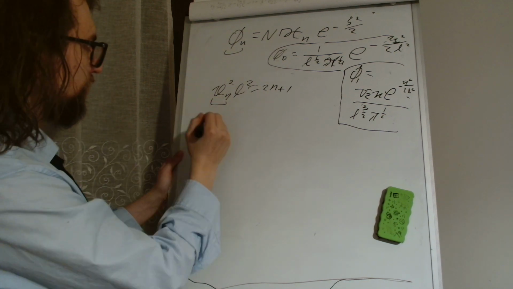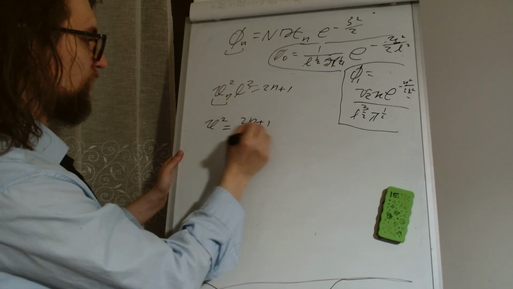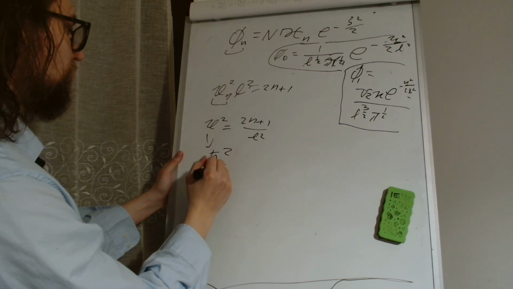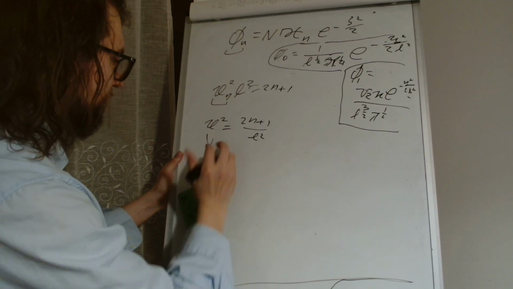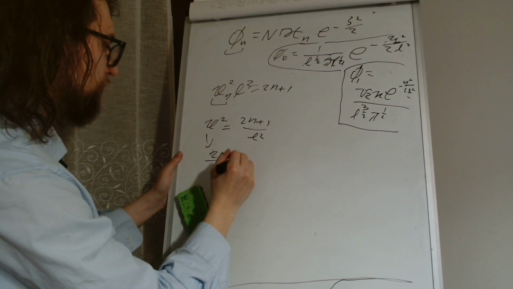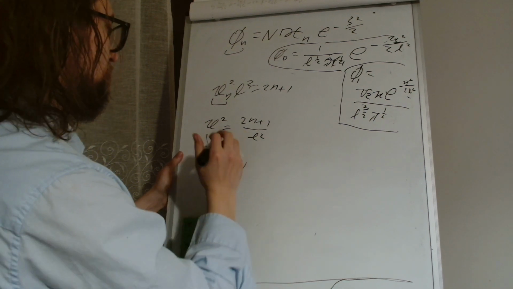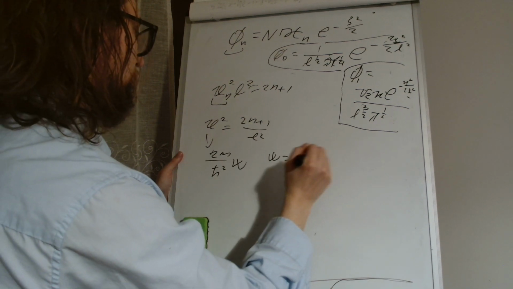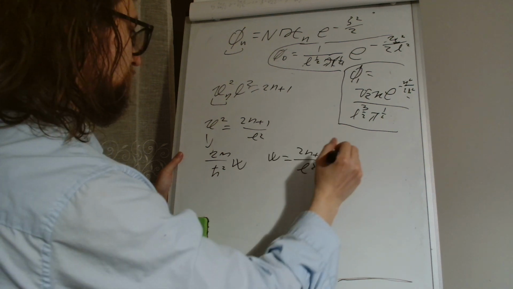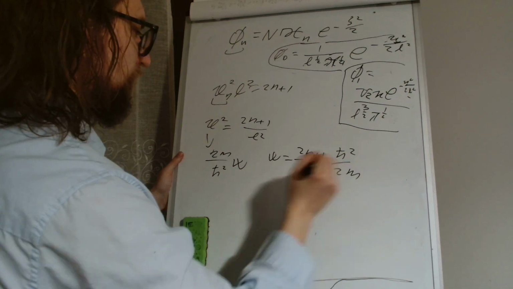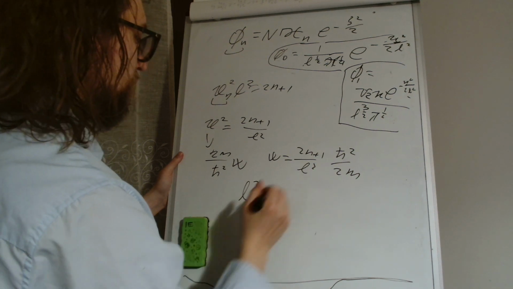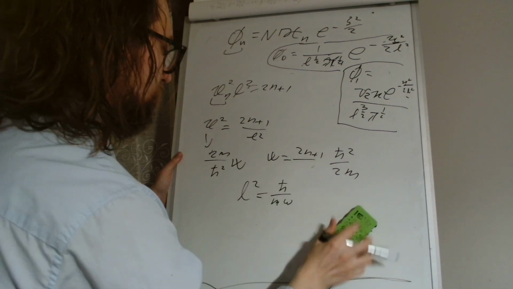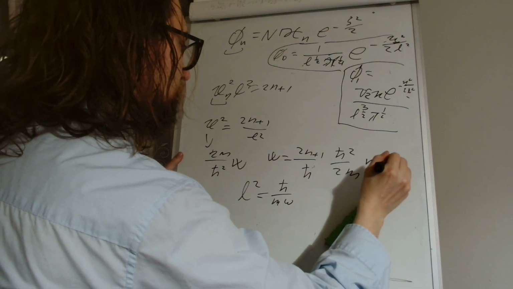So k squared equals n plus 1 divided by L squared, and this is the rescaled energy: h-bar squared divided by 2m, divided by h-bar squared, times W. So the energy W is 2n plus 1 divided by L squared times h-bar squared divided by 2m, and if you remember, L squared is h-bar divided by m omega, so we substitute here and we get h-bar times m omega.